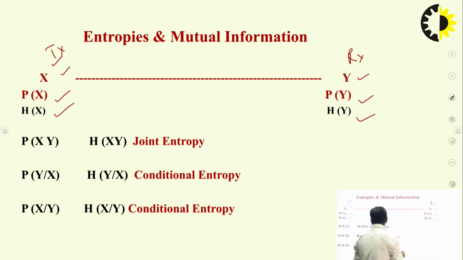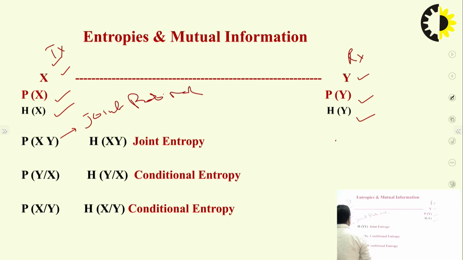These are the individual entropies: H of x for the transmitter and H of y for the receiver. Now if I combine x and y, this will be a 2-dimensional matrix, P of x y, the joint probability matrix, and corresponding to it we can calculate H of x y, the joint entropy. Now P of y by x, what is this?